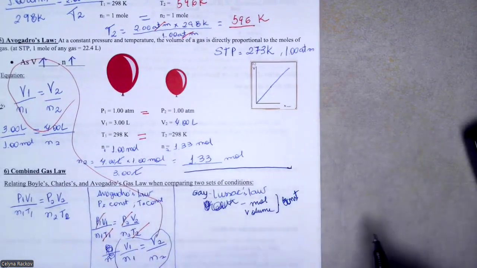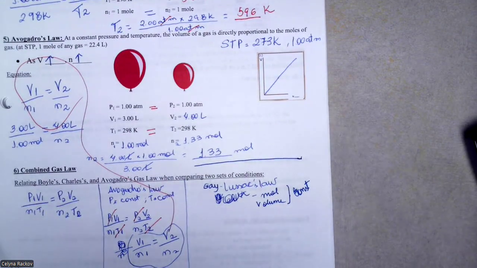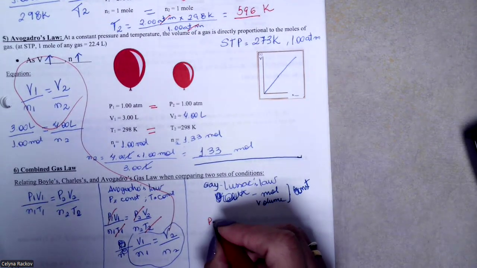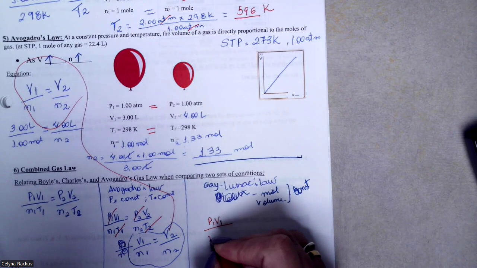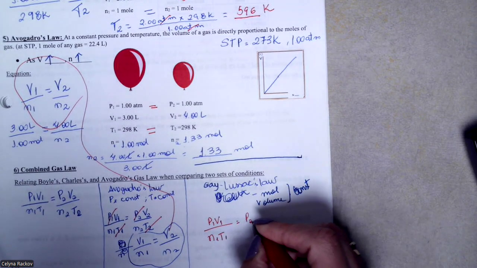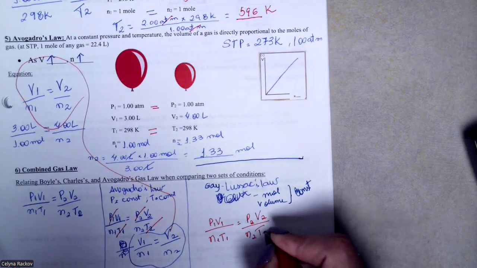If they are constant, they will not be in the equation, right? So let's write this equation here, the combined gas law: P1 V1 divided by N1 T1 equal to P2 V2 divided by N2 T2, right?